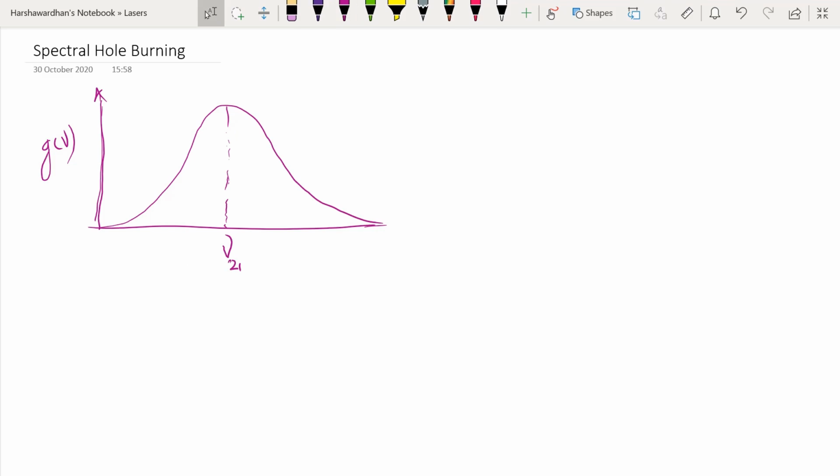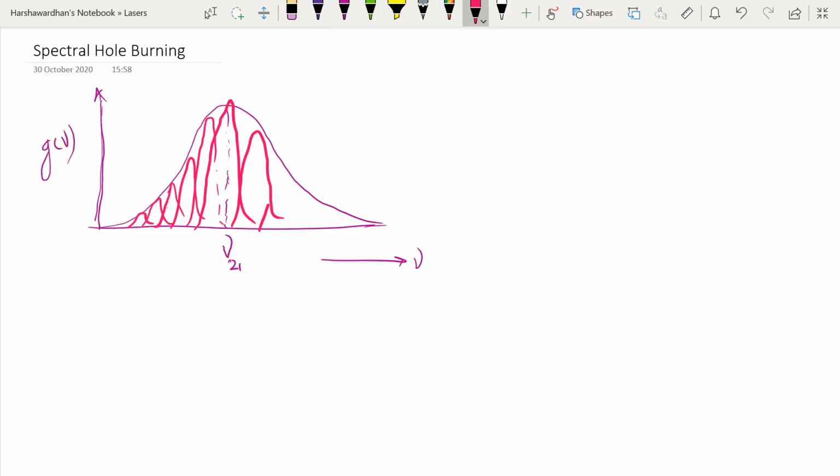But because of inhomogeneous broadening, you see that the spectrum is arising out of a collection of independent spectra, right? These are different atoms which are having their own, for example, central frequency.